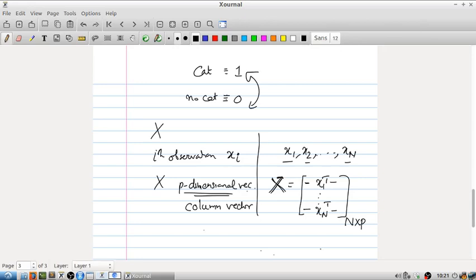When I said x is p-dimensional, think of each coordinate as a kind of measurement. For example, one coordinate can be the weather currently, one coordinate can be the quality of the tile currently, and so on. Some number that you can associate. Maybe weather is not exactly numerical, but maybe you can make it numerical.